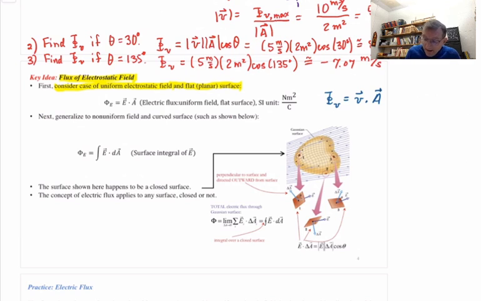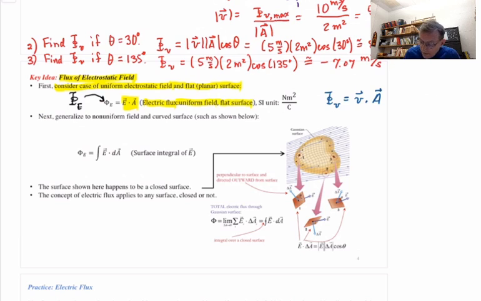Well, now we do the same thing, except it's electric flux. So I write it as capital Phi subscript capital E. The subscript is telling you what kind of vector field is doing the piercing. And we just take E dot A arrow, not V, E. E dot A arrow. And then you're finding the electric flux of a uniform electric field through a flat surface.